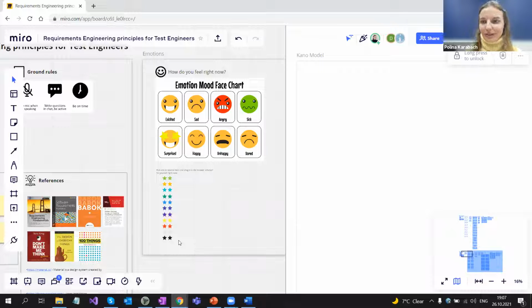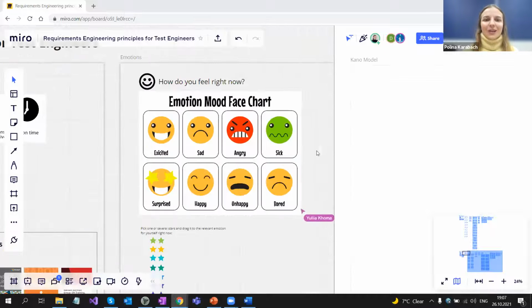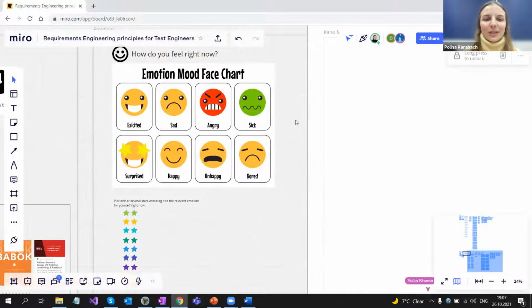So for Dennis and Julia, since I see you are on the Miro board, you can see the next section that's called emotions or frame. In Miro, it is frame. So there is an emotion, mood, face chart. It's just a starting exercise to understand where we are this evening.